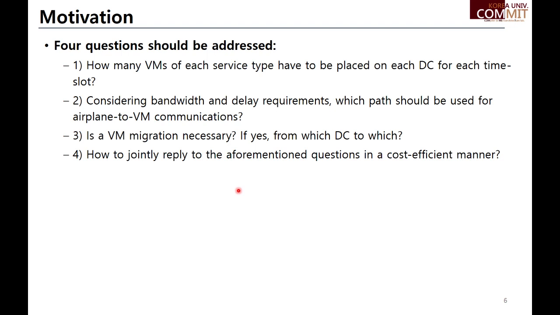So we have to consider the mobility of airplanes, with different locations at different time slots, and also the heterogeneity of the SAGIN architecture.